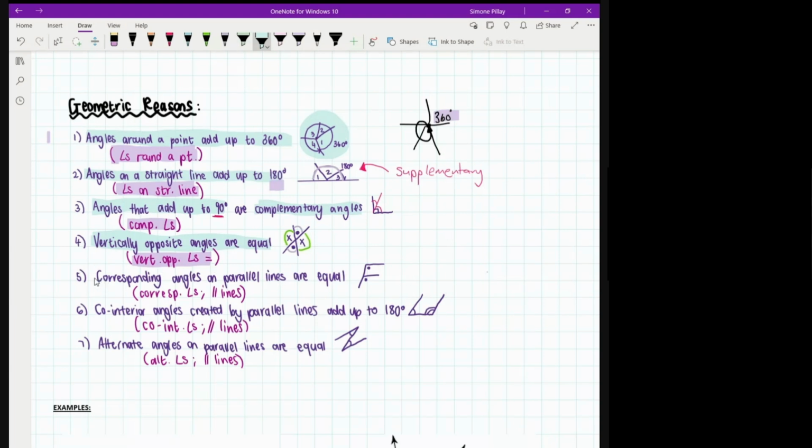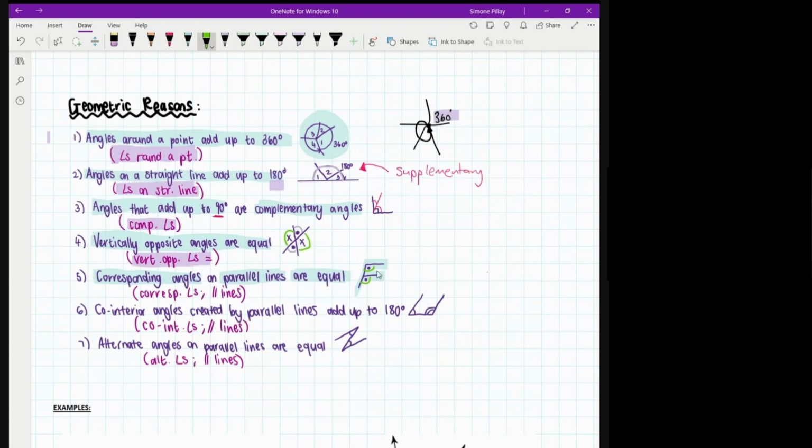Moving on, we learned then about our fun angles. We learned about, firstly, corresponding angles. And if you recall, corresponding angles are my F. Corresponding angles only work with parallel lines, and corresponding angles are equal. So it is very important to take note of the angles that are relevant in each letter.